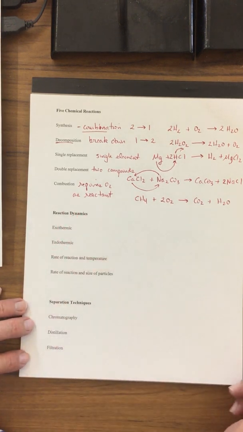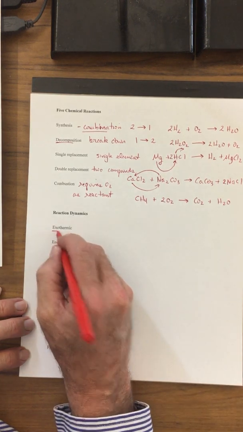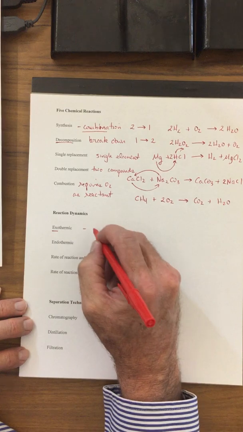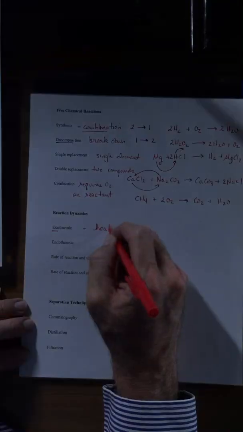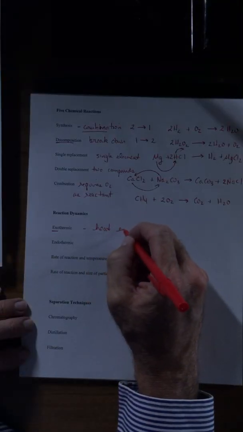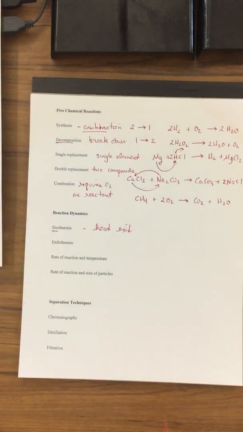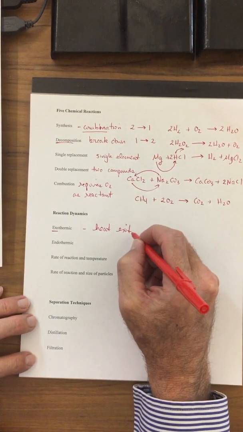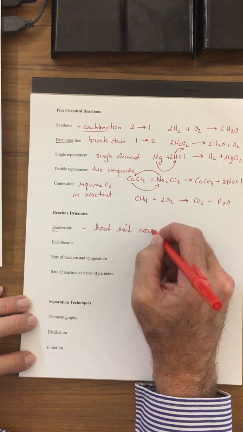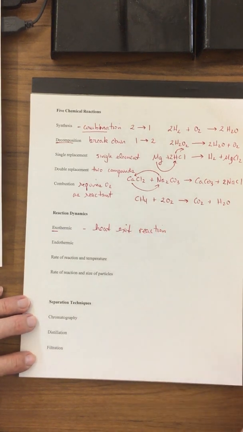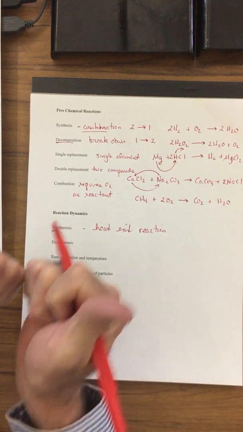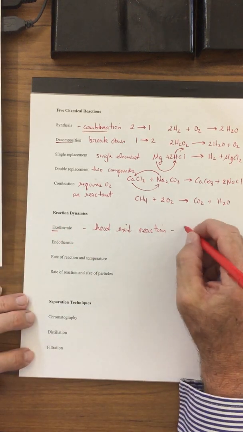Okay, the dynamics of reactions. We have exothermic and endothermic. Exo, exit. In exothermic reactions, heat is going to be exiting. So heat is going to exit the reaction. And if heat is exiting the reaction, it's coming out of the reaction, it's going to feel hot.